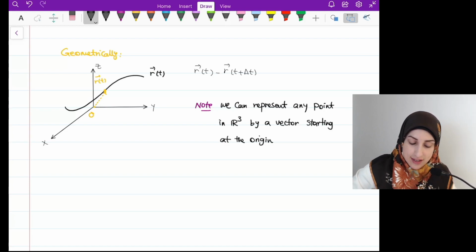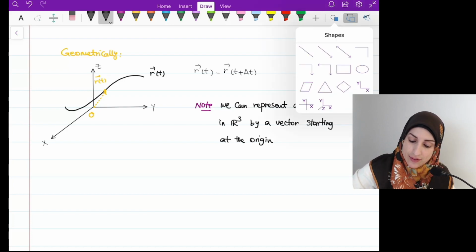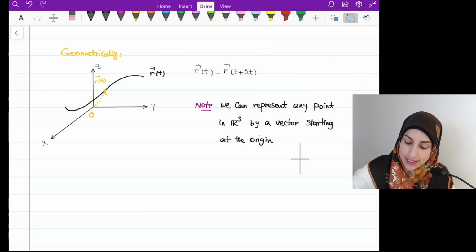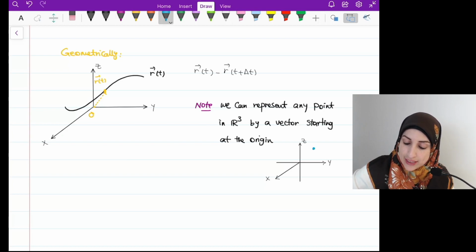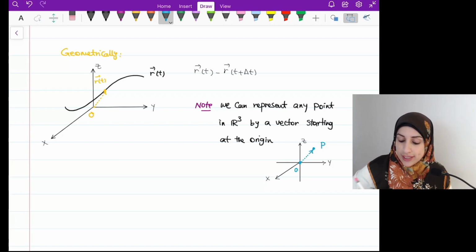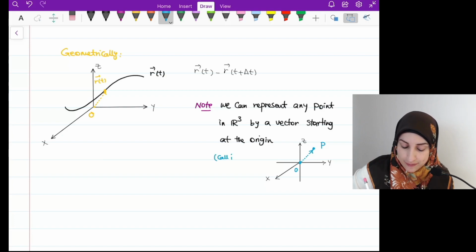What it means is that if we have any point in this space, this is the x-axis, this is the y-axis, and this is the z-axis, with the point P, I can start at the origin and make a vector, and we call it the position vector OP.